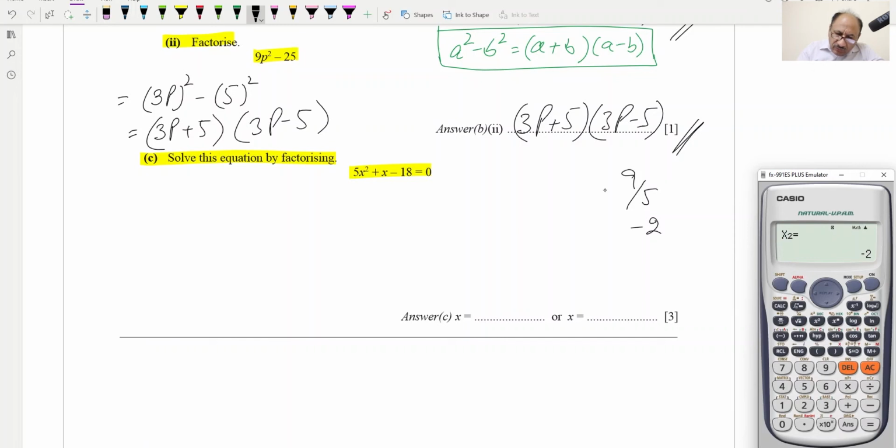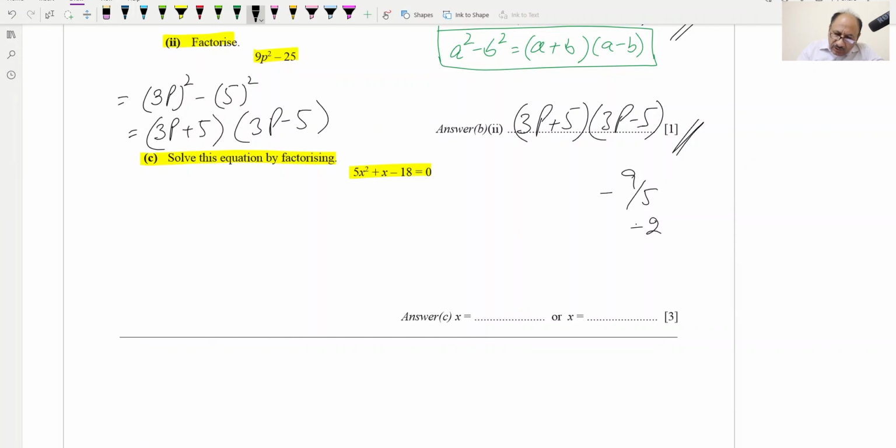So first of all we will change the sign, and this will be minus and this will be plus, and we will be using this value minus 9 over 5, and we will write the factor, which is 5 we will add with the x, so 5x minus 9, this will be one factor, and the second, by using this, it will be x plus 2.